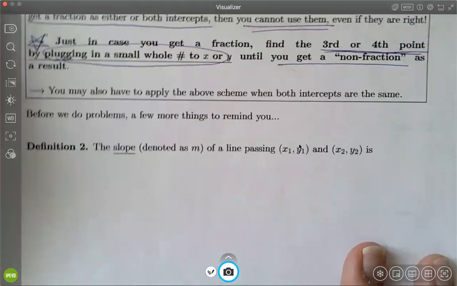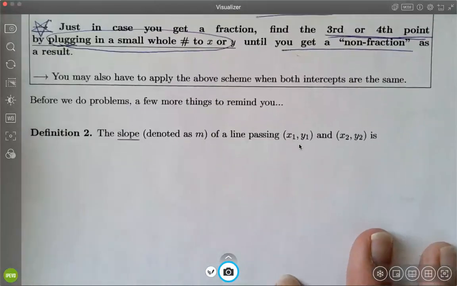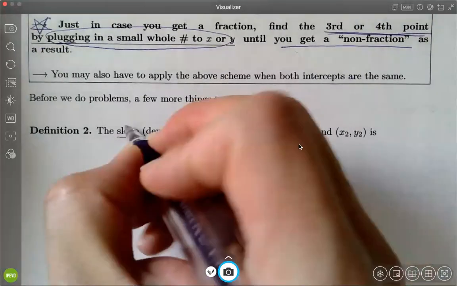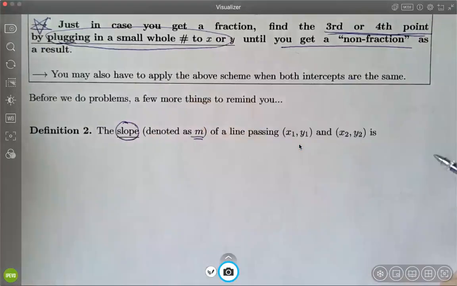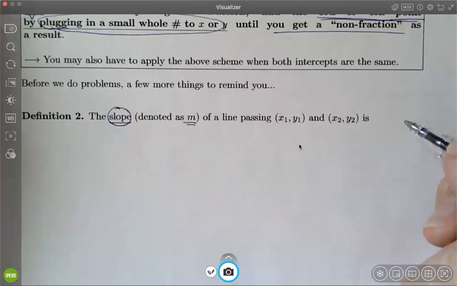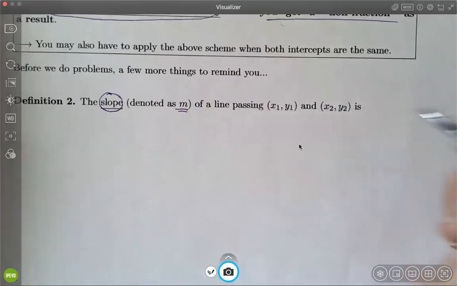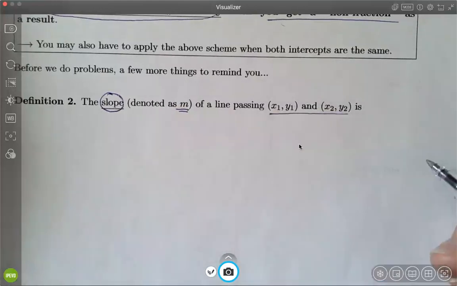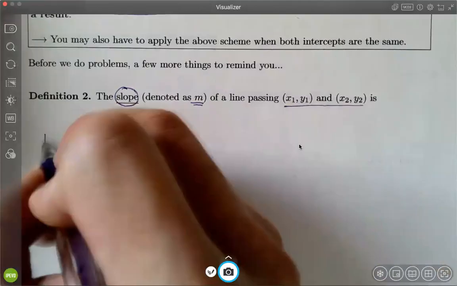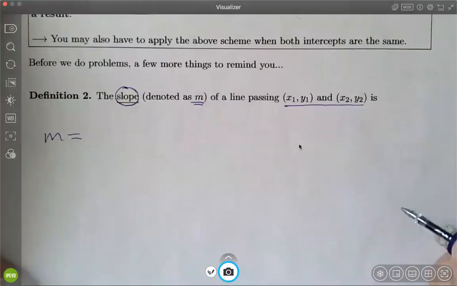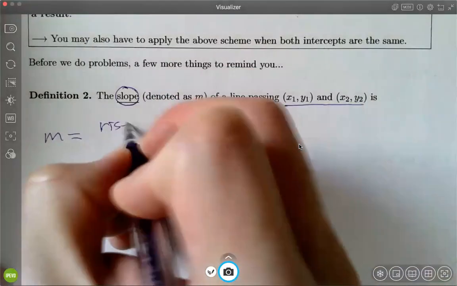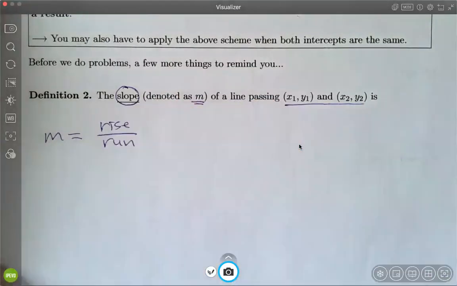Now, some other things to mention. The slope, the definition of the slope. The slope of a line passing through the 2 points x1, y1 and x2, y2 is, first of all, the informal definition: have you heard about rise over run before?